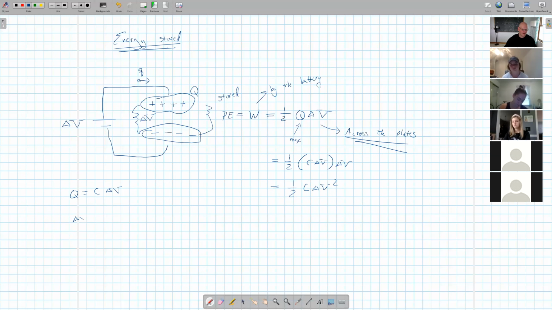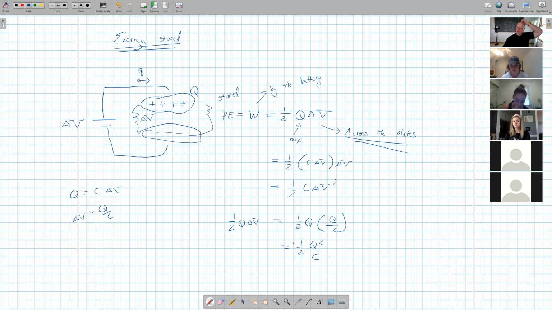Or I can write delta V is equal to Q divided by C. So let's go back to our first one. I can rewrite 1/2 Q delta V as 1/2 Q times Q divided by C, which is 1/2 Q squared divided by C.